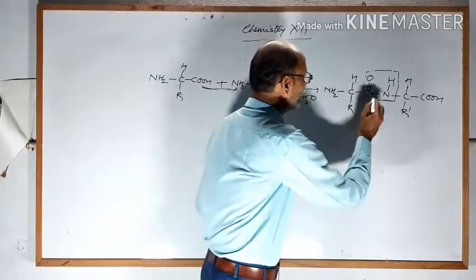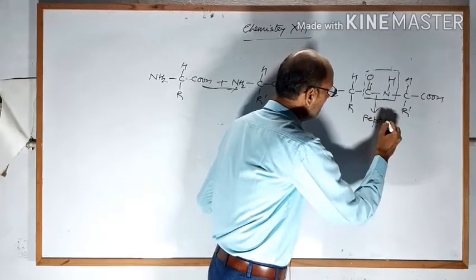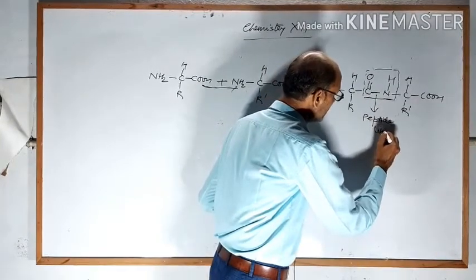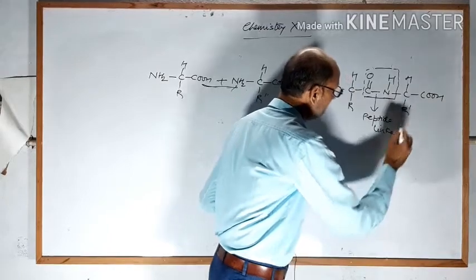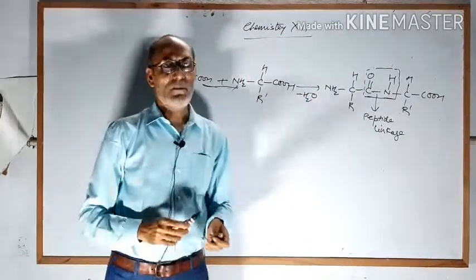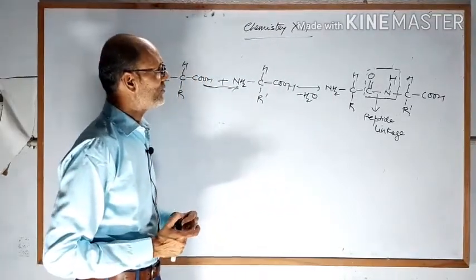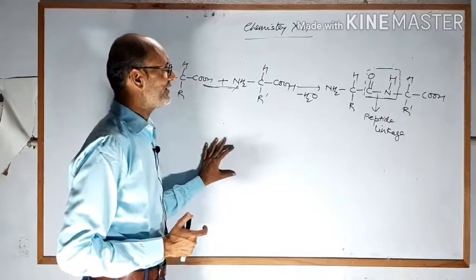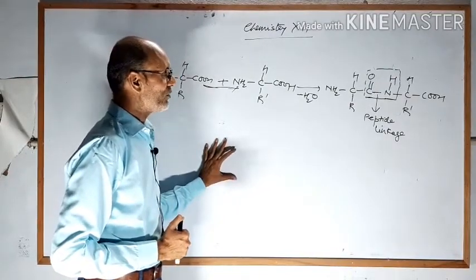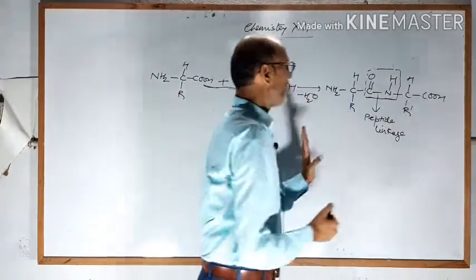This linkage is called peptide linkage or peptide bond. That means when two amino acids are combined, they are connected through a bond between CO and NH group, one of CO and other of NH. That bond is called peptide bond. And this species you are getting is called peptide.